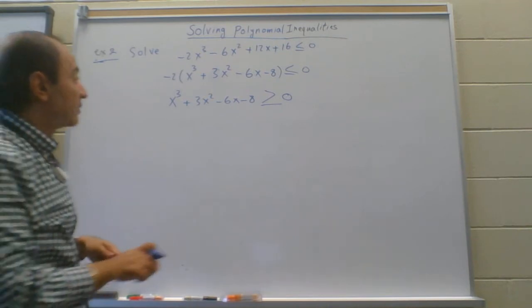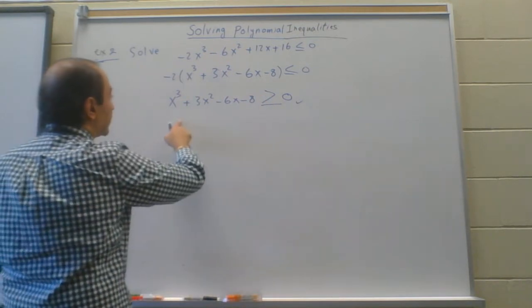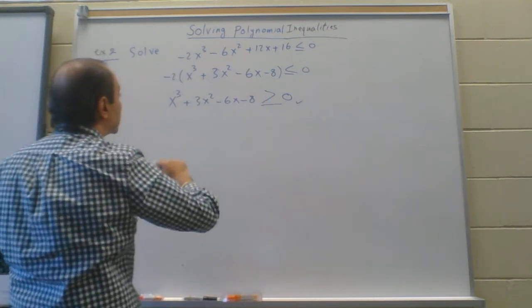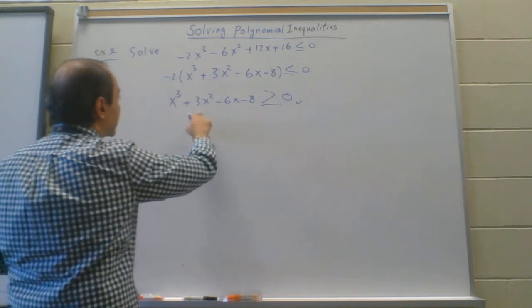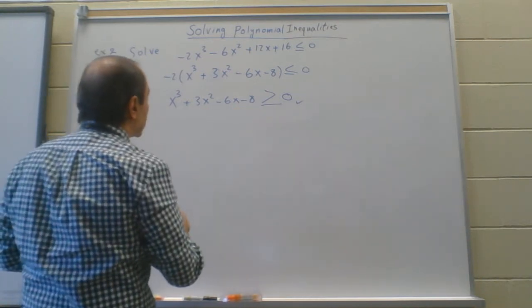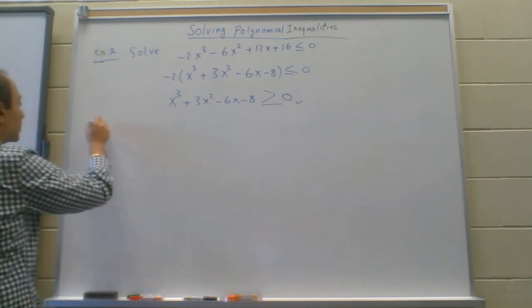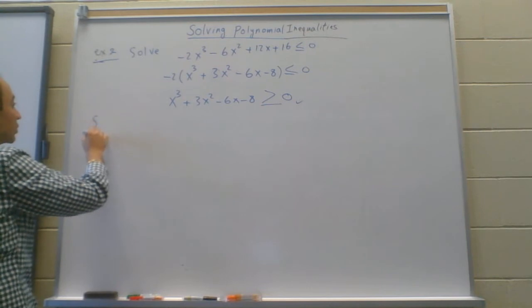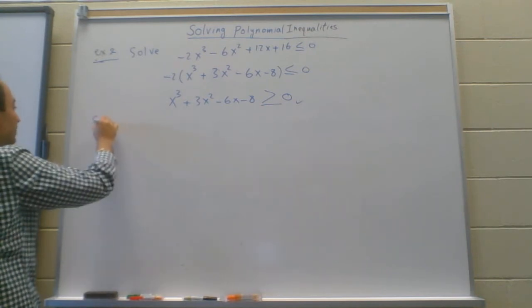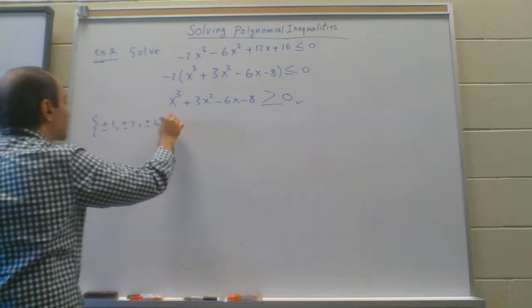Now I have a 0 on one side. I need to factor. The possible roots are plus or minus 1, plus or minus 2, plus or minus 4, plus or minus 8.